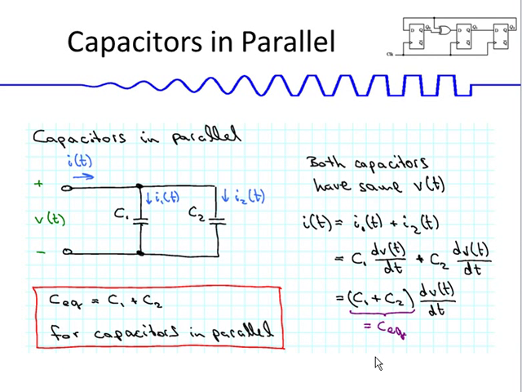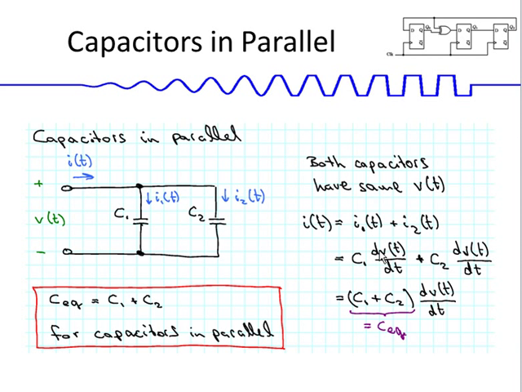Two capacitors can be connected in parallel, just like we have seen for resistors. If they're in parallel, the voltage across both of them must be the same. And the current splits up. The total current is I of t. It splits up into I1 of t and I2 of t. So we can write I of t is equal to I1 of t plus I2 of t.